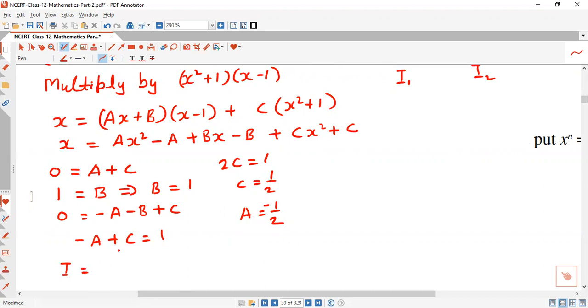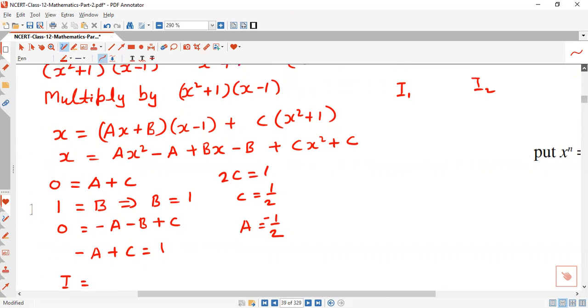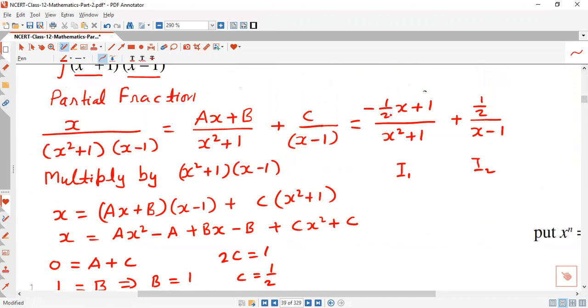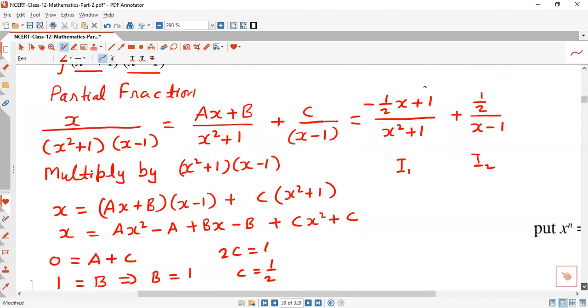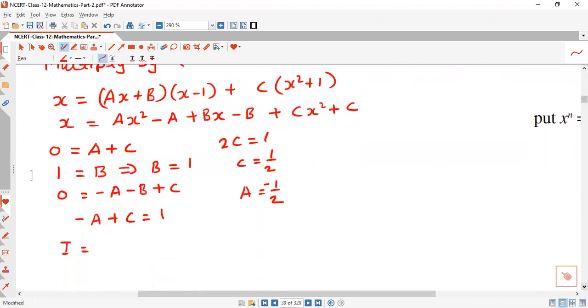The whole I becomes I1, minus half x upon x square plus 1, separating these terms, so minus half taken outside, x upon x square plus 1.